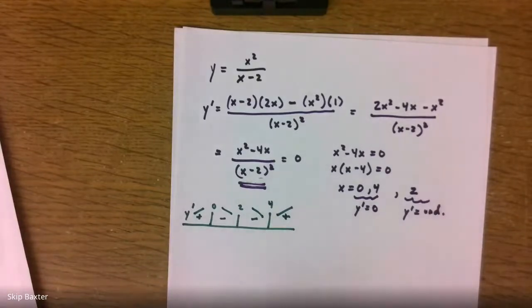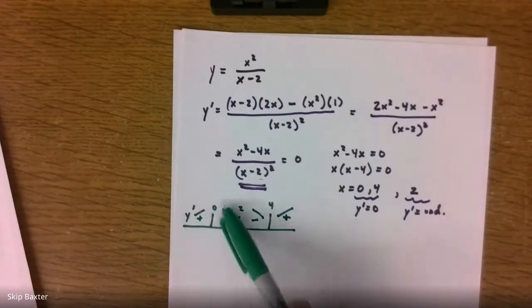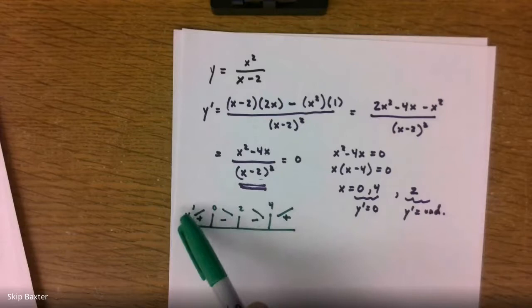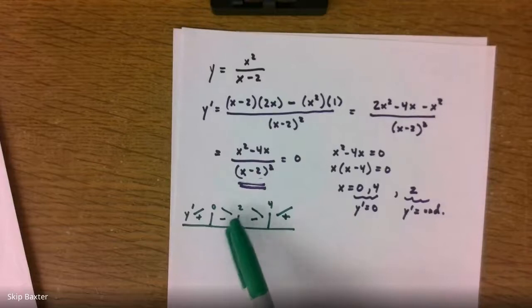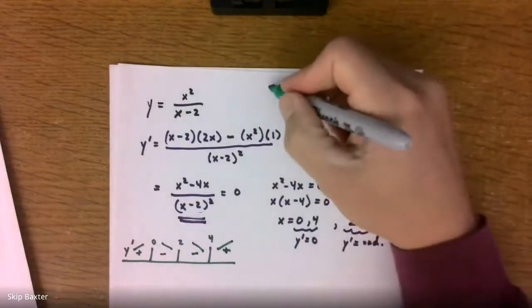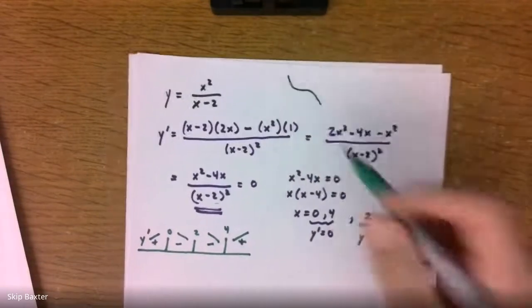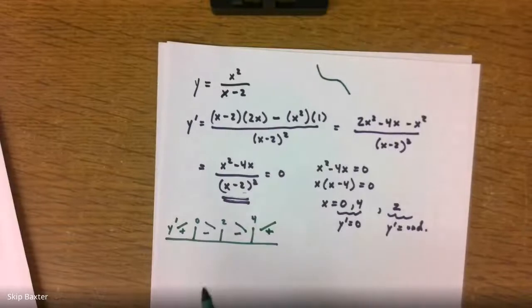Just looking at this, I can see there's a relative maximum at 0 because of the way the sign chart is shaped, it kind of goes like that, right? So there's a maximum at 0 and there's a minimum at 4. Now 2, it's not like the situation where it's decreasing and then flattens out and goes like that, because I know that the function itself is undefined at that point.